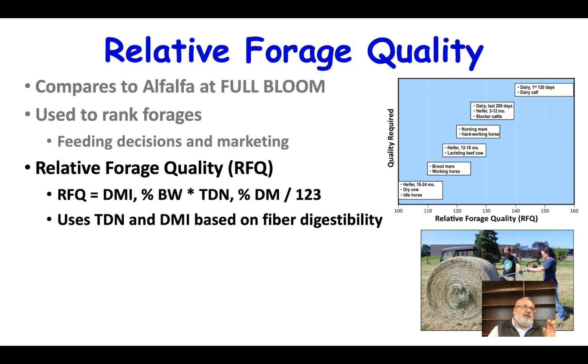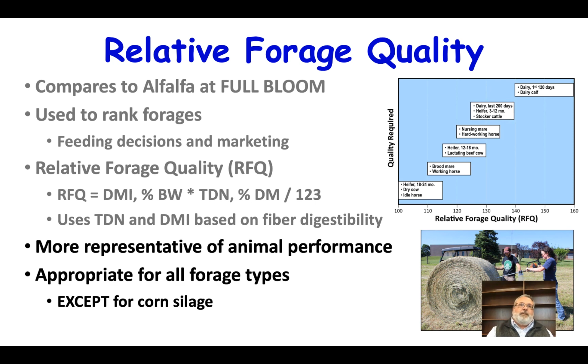So we're taking that forage material, putting it in actual rumen fluid, and letting the microbes digest it. The results are more representative of what actual animal performance will be. They're appropriate for all types of forages with the exception of corn silage.